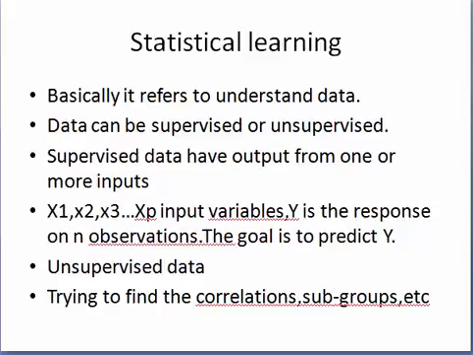But there is no definite output for these types of data, and that's why it's called unsupervised data. It is of course more challenging to work with these data sets because you would first have to find the correlation, the subgroups, or there's something called clustering, which is usually done with unsupervised data before applying the supervised data tools.